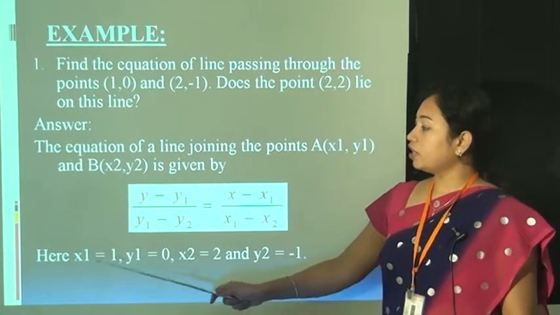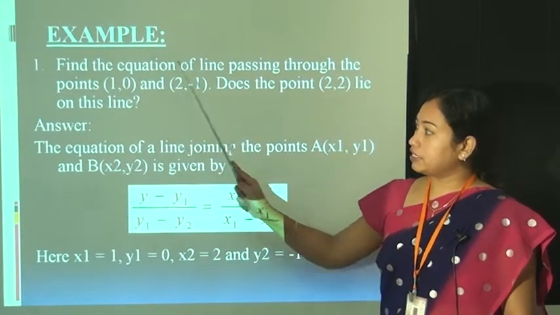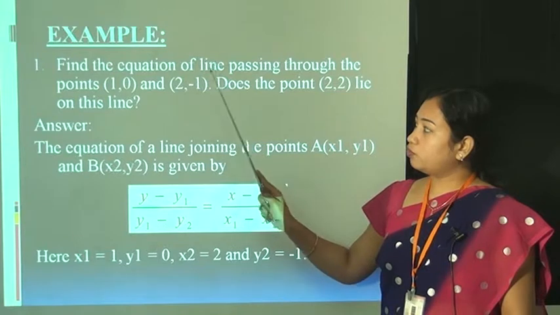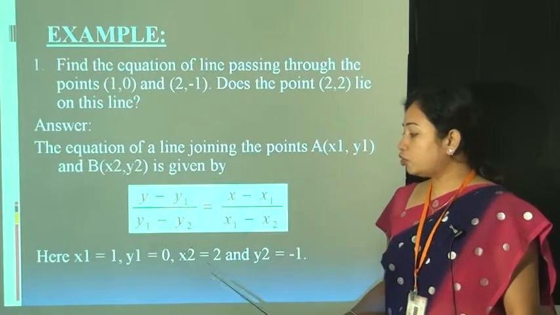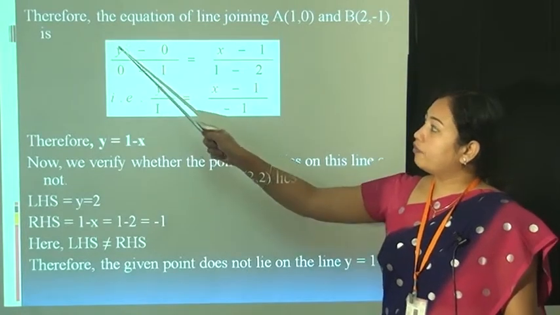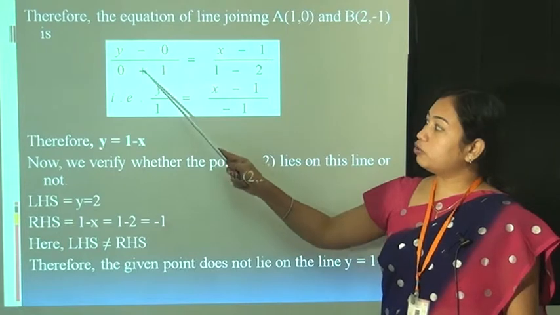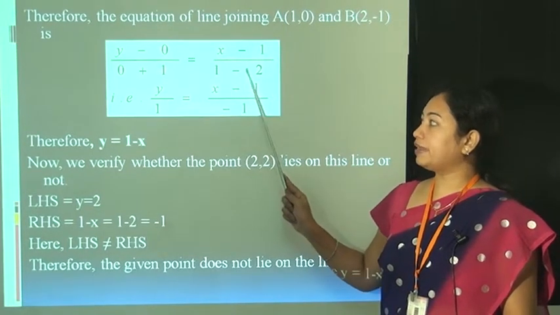Here the value of x1 is 1, value of y1 is 0, x2 is equal to 2 and y2 is equal to minus 1. So put all these values in this equation, we get y minus 0 upon 0 plus 1 is equal to x minus 1 upon 1 minus 2.